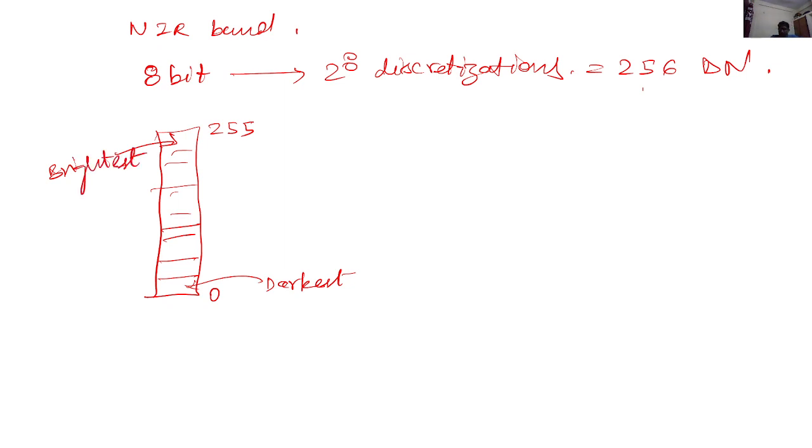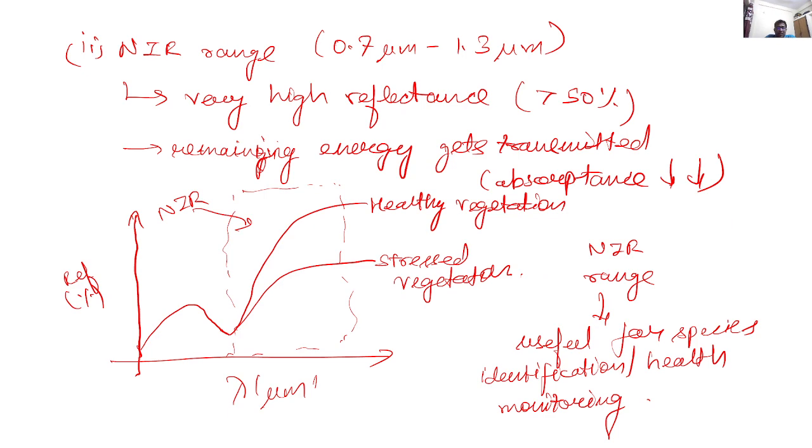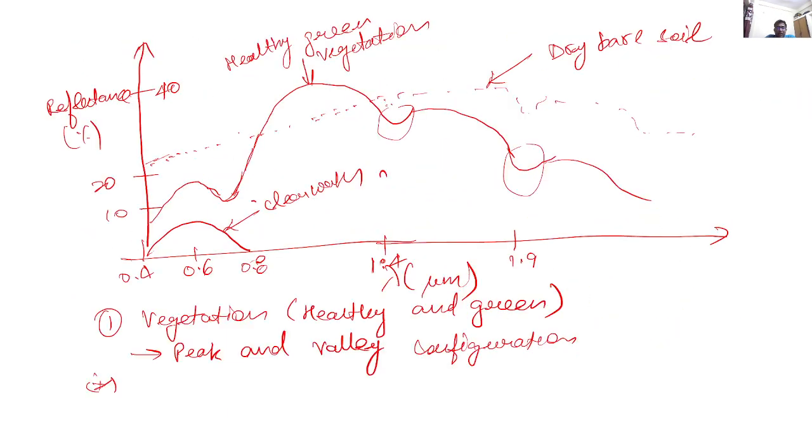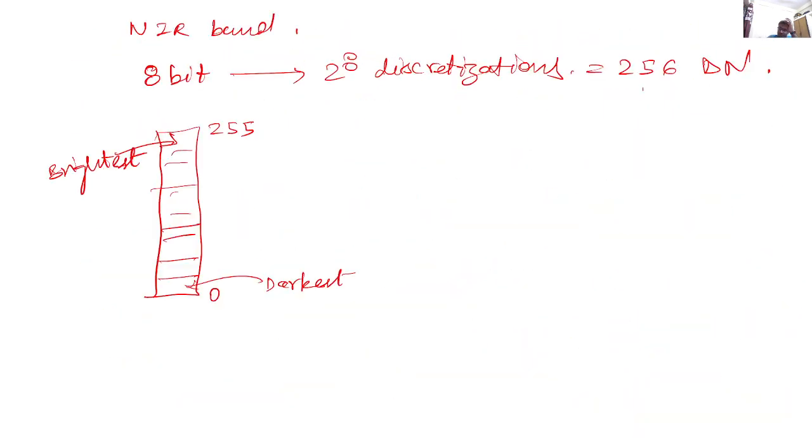So we know that in near infrared region the reflectance of water bodies is almost zero, whereas the two other prominent features which we discussed here, that is vegetation and soil, have much larger reflectances in these regions. So you don't need to do anything. You just take a filter, DN less than or equal to, let us say, 15 out of 256.